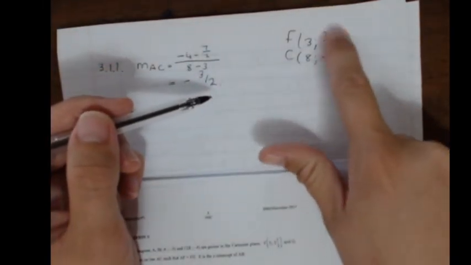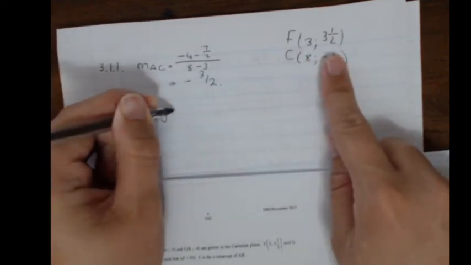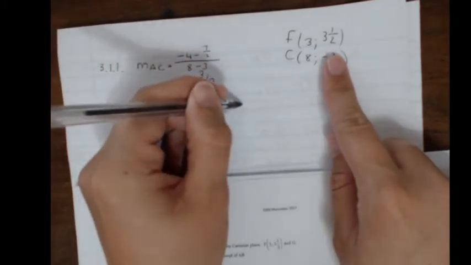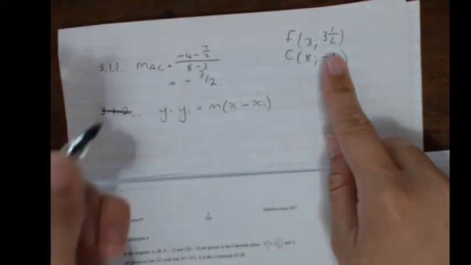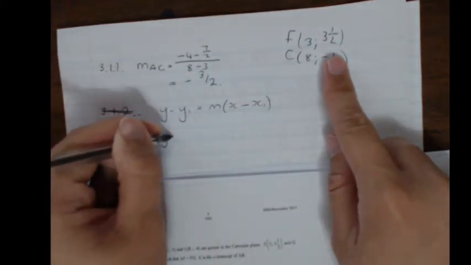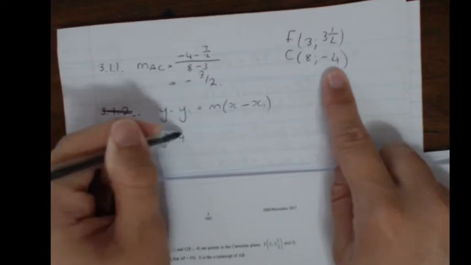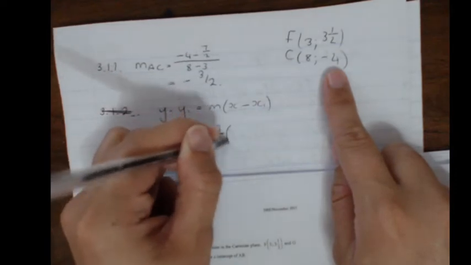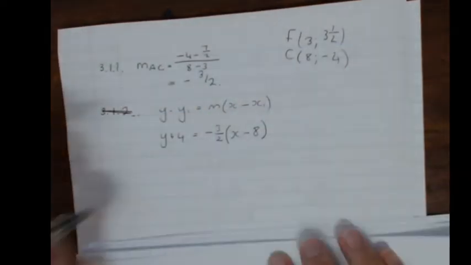Since that one has a fraction, I'm just going to work with this point (8; -4). You can use either y is equal to mx plus c, or this one, both on your formula sheet. So y minus y1, which is y plus 4, is equal to m, which is -3 over 2, times x minus x1, which is 8.